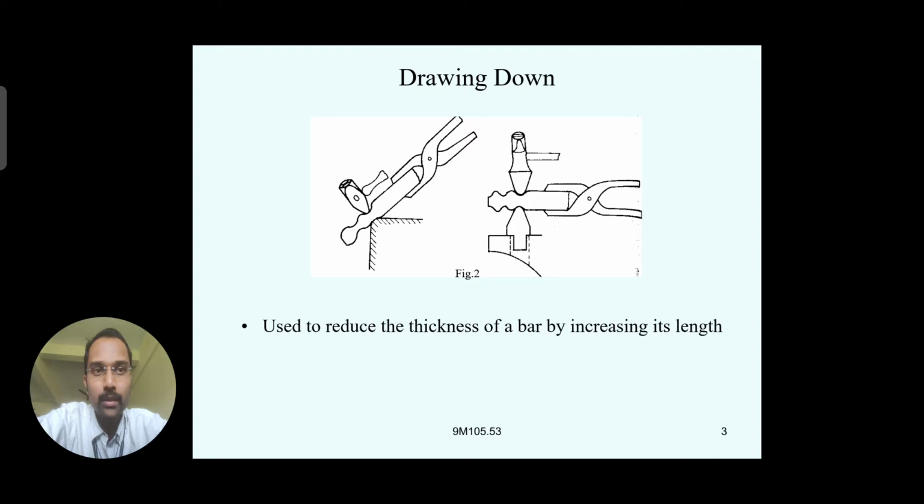Now you place the workpiece between the top fuller and the bottom fuller. If you apply compressive action with the help of a hammer on top of the top fuller, it will form the groove, or some necking will appear, which results in reducing the thickness of the bar. Simultaneously, the bar length also increases.